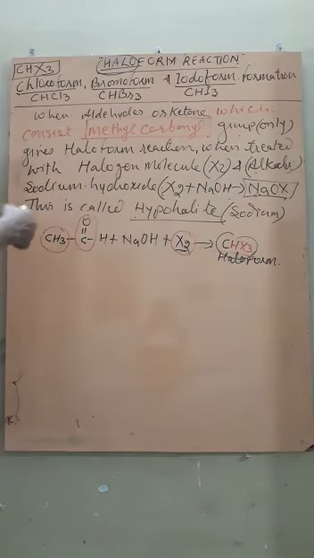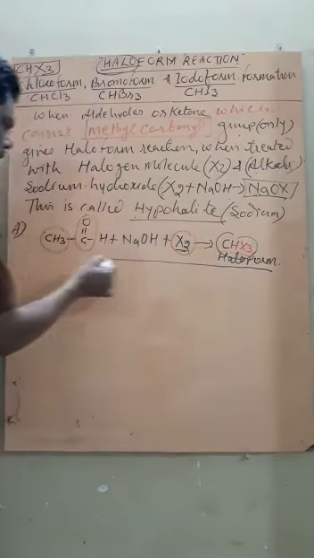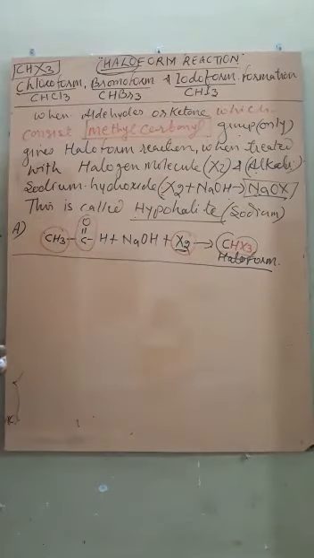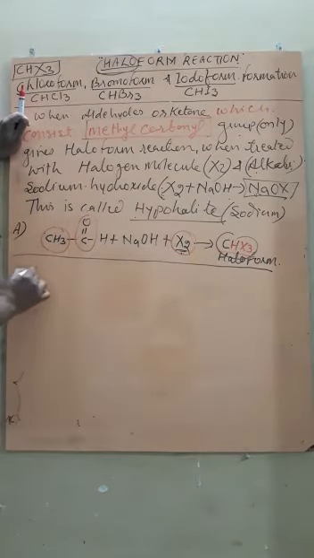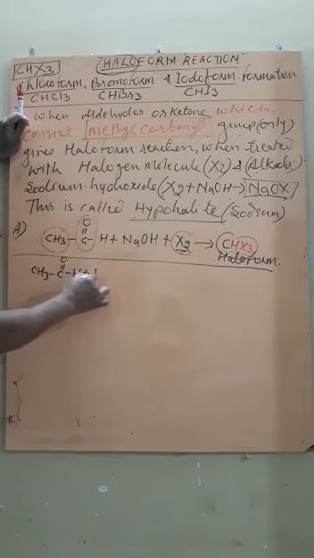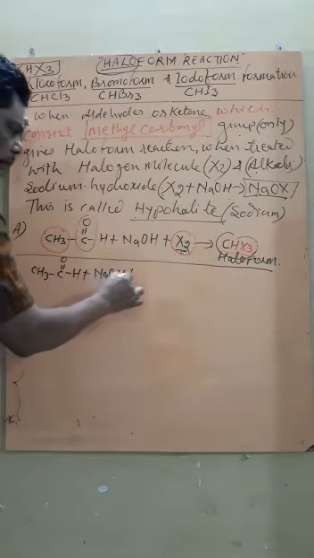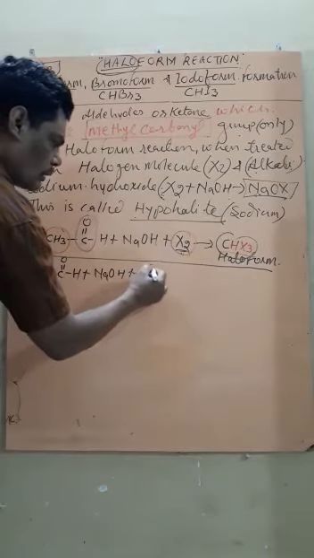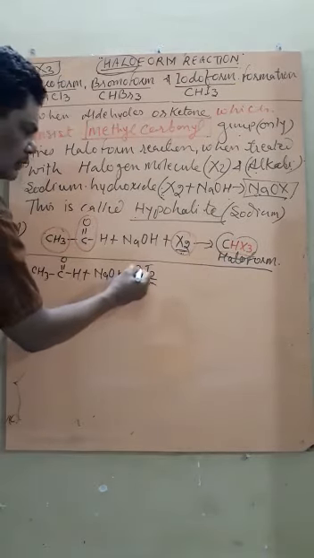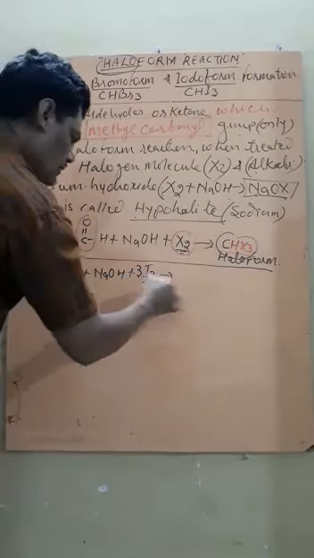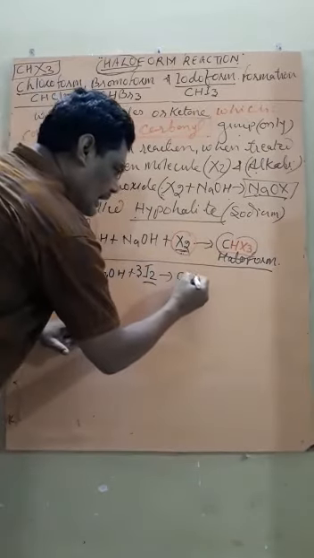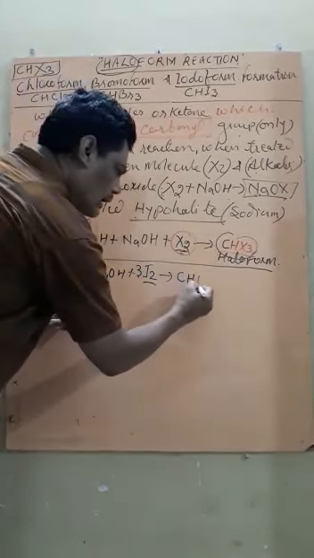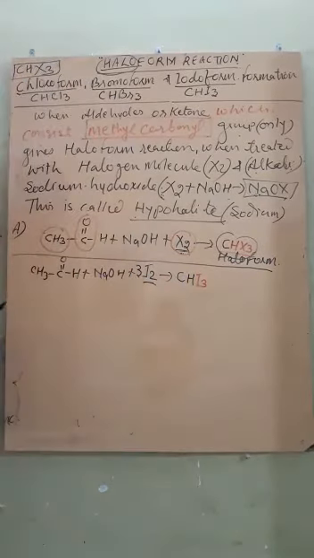Now, how does the reaction take place? Individually we can write it as two-step reactions or one-step reaction. Suppose we are using iodine. CH3 C double bond O and H plus NaOH plus three molecules of I2 forms CHI3.